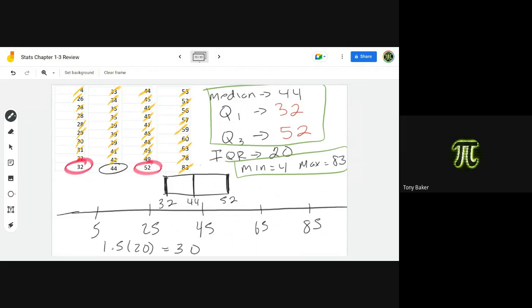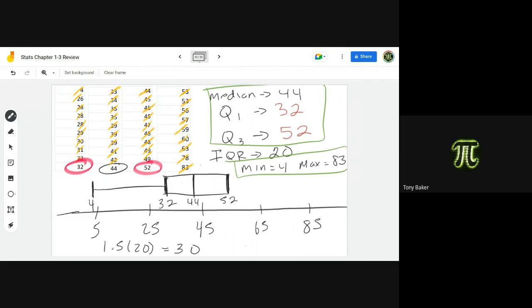Sorry, I'm trying to do it all on one screen so I don't have to keep switching screens. So my lowest number would be 2. Do I have anything lower than 2? No. So my min is correct. That's 4. And if I go 30 plus 52, I would get 82. So I do have an outlier there.